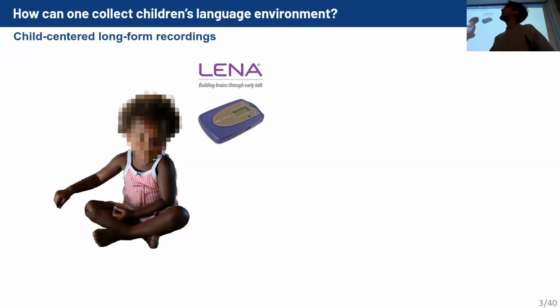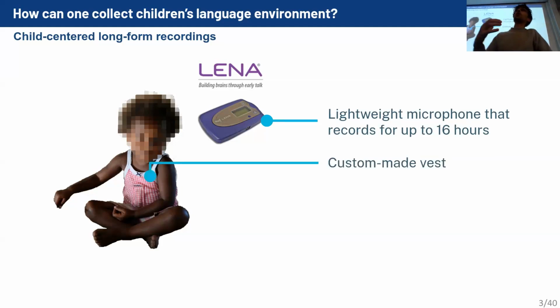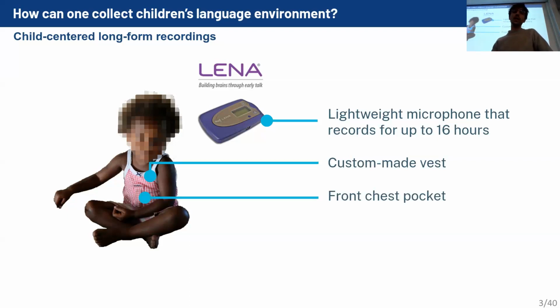Briefly, some researchers in the US from the LENA Foundation, LENA stands for Language Environment Analysis, designed a small and lightweight microphone, in purple there. The idea is to equip the child with a custom-made vest with a front chest pocket in which one can insert the recorder. The recorder can collect audio for up to 16 hours.